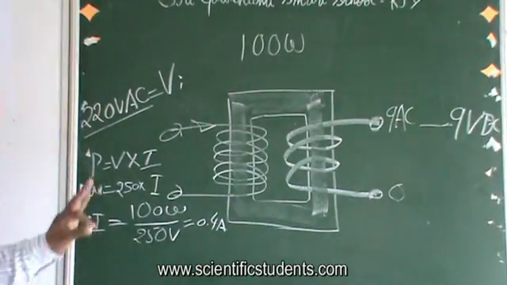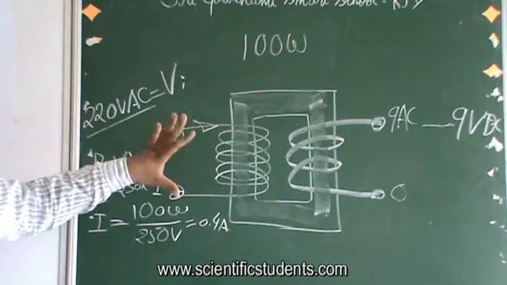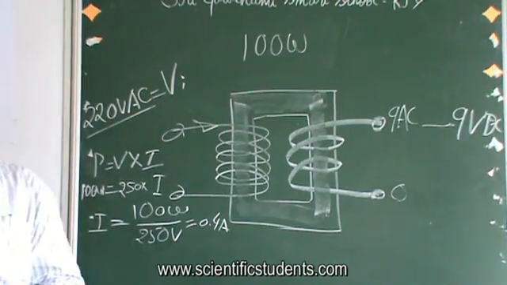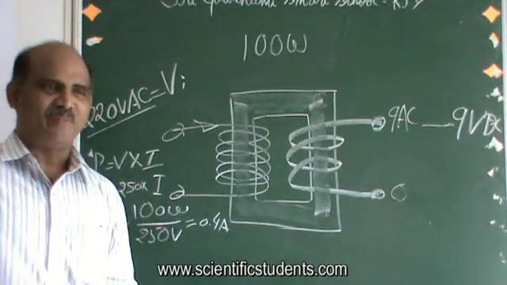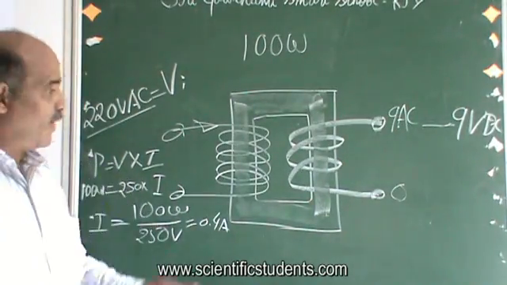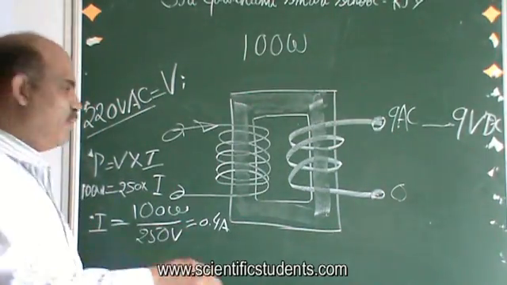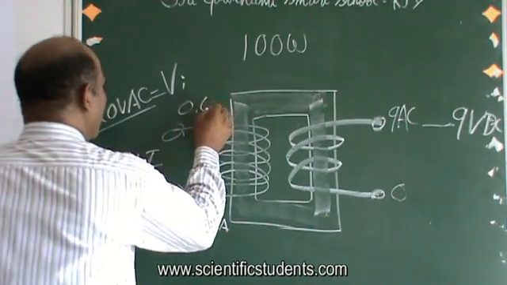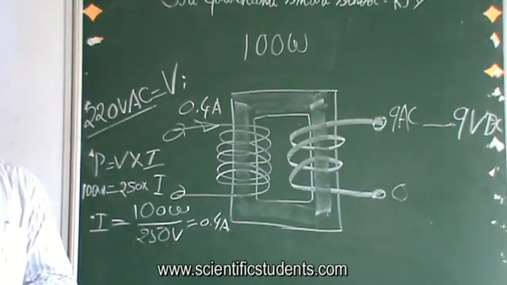So to make sure my transformer handles 100 watts at a primary voltage of 250, which is not in my hands because the AC voltage is coming from someone else, the power supplying company supplying me at 250 volts, my primary winding is pulling 0.4 ampere.